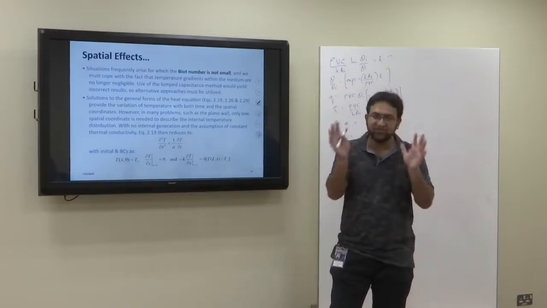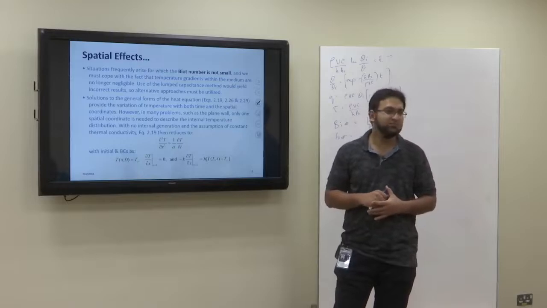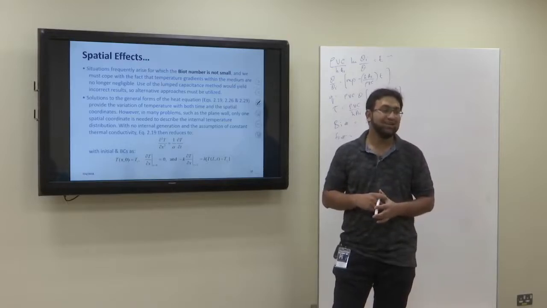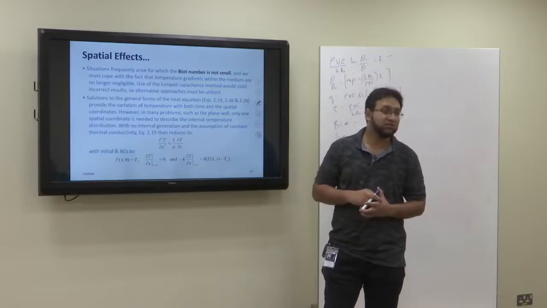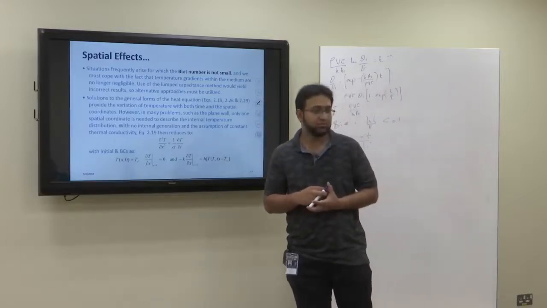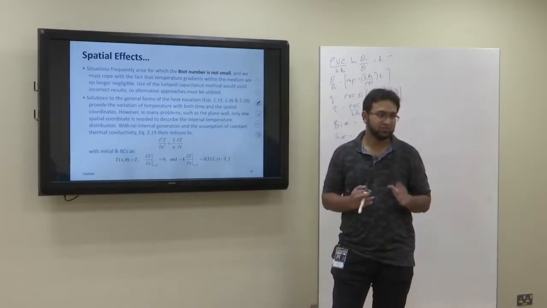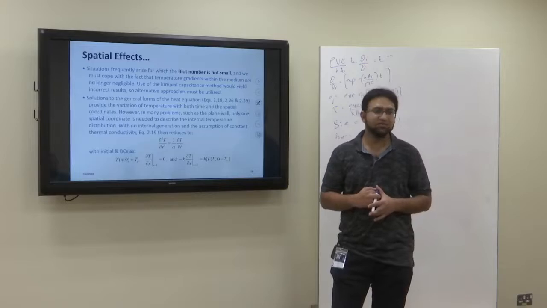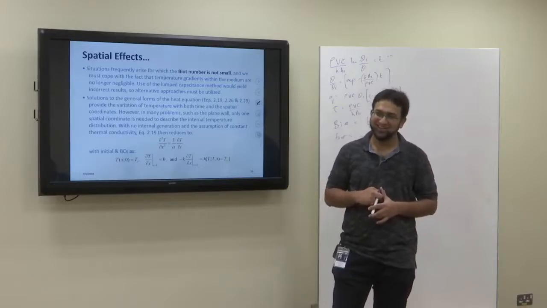So there are no space effects. Okay. Now let's say that assumption is not true. Let's say we have a material for which Biot number is greater than 0.1. Okay. So we cannot apply the lumped capacitance approximation.